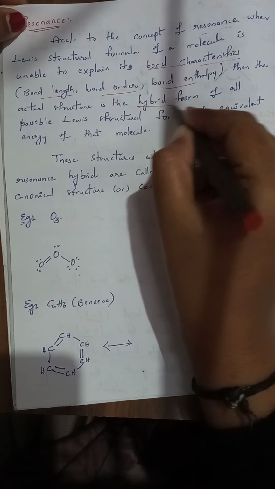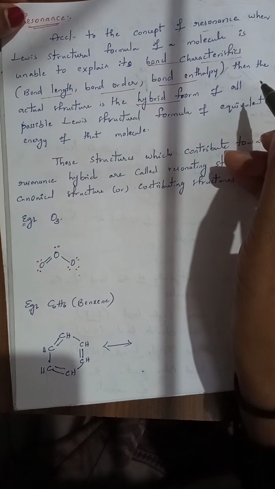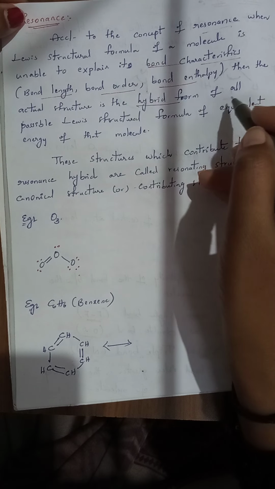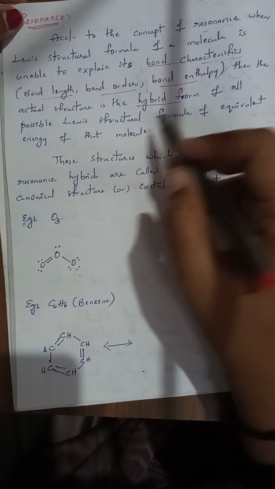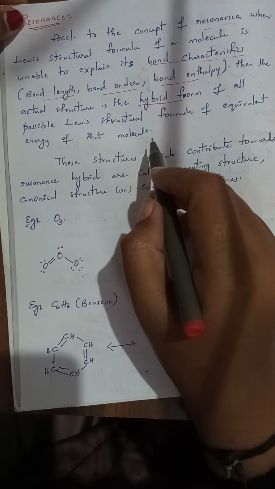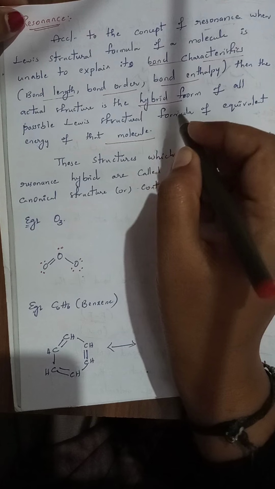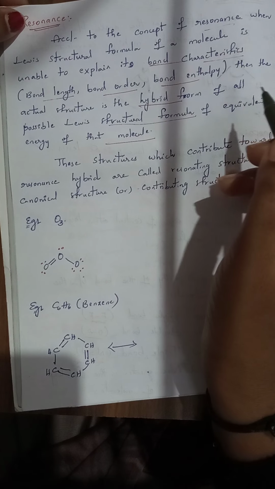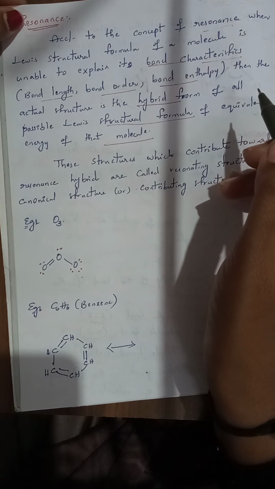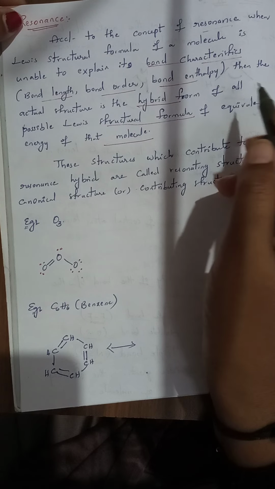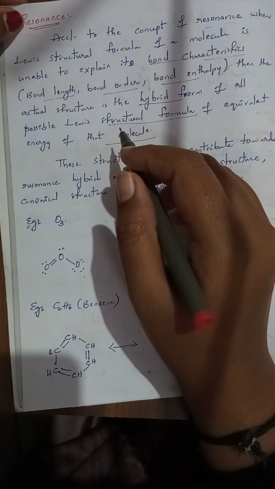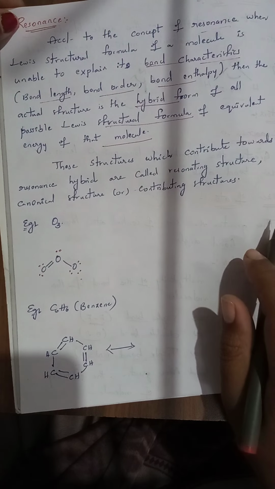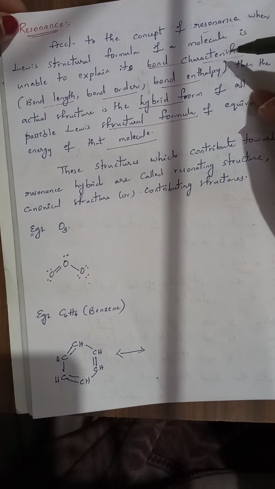The actual structure is the hybrid form of all the possible Lewis structural formulas of equivalent energies of that molecule. For a particular molecule, there will be different types of Lewis structural formulae. When you draw the hybrid of these, it will give the actual structure of the molecule. That actual structure can explain all the bond characteristics of a particular molecule.